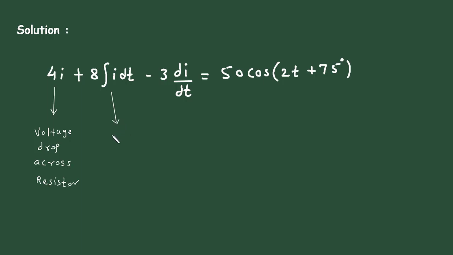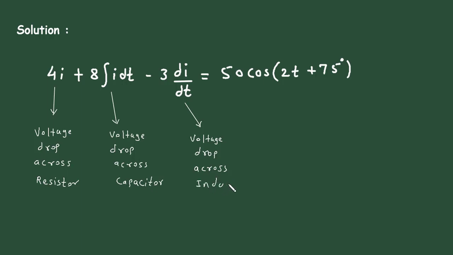This is the voltage drop across the capacitor, and this is the voltage drop across the inductor. This 50 is the maximum voltage and this 2 is the omega, that is angular frequency, and this 75 represents the phase angle phi. So currently it is given in time domain format.